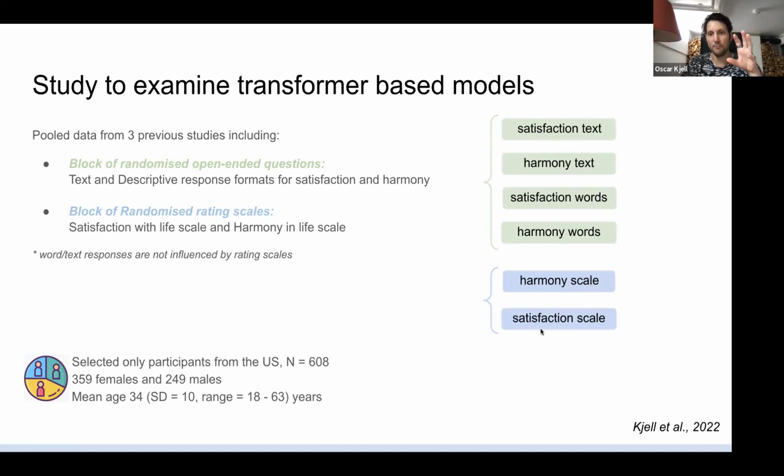And then after, we had a block of traditional rating scales, the harmony in life scale and the satisfaction in life scale, which were randomized as well. And we tend to put the rating scales last because we don't want the items in there to influence participants' text or word responses.